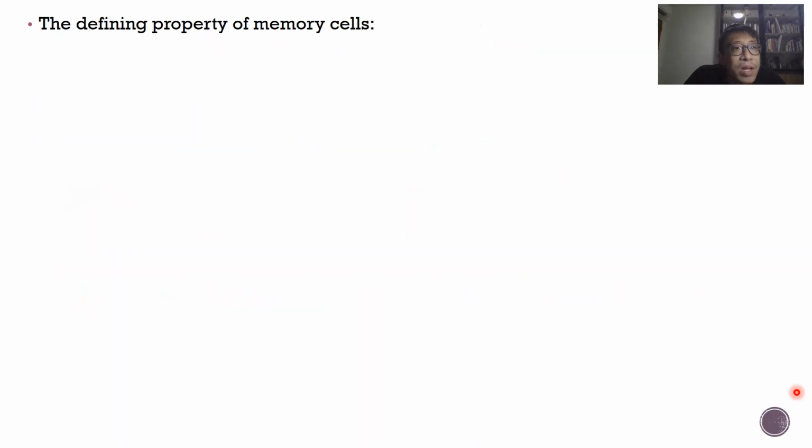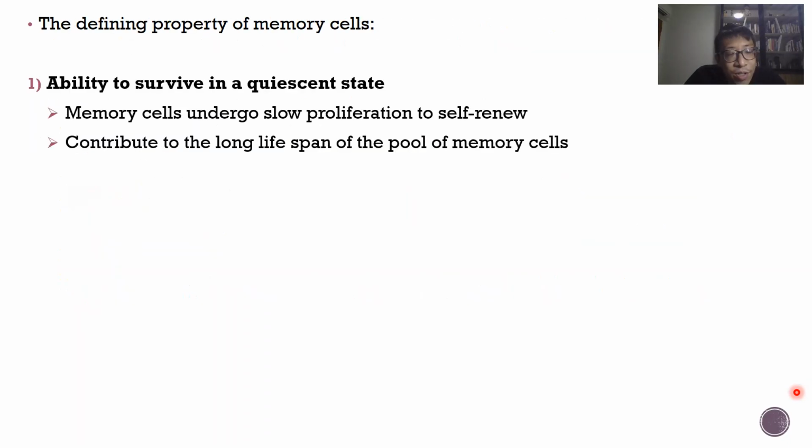For memory cells, there are a couple of defining properties. They are able to persist in the body, but in a rather quiet or quiescent state. They do self-renew, because they persist in the body, but they do so via very slow proliferation, so they do not keep dividing very fast.